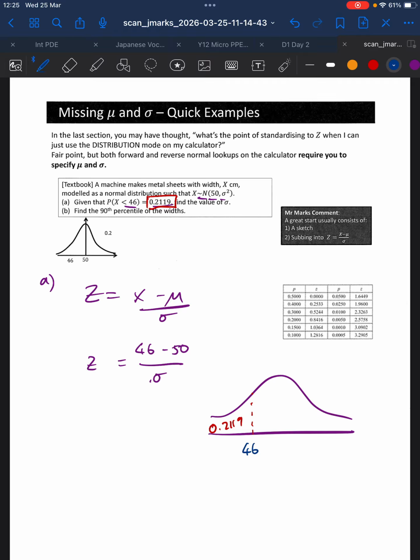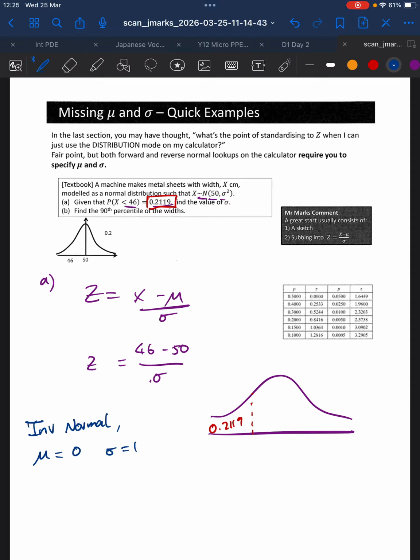So this is saying 46, but I could find this Z value using my calculator. So if I did the inverse normal on my calculator, I could use the fact that on the inverse normal, mu is 0 and the standard deviation is 1. This is always true, by the way, okay?